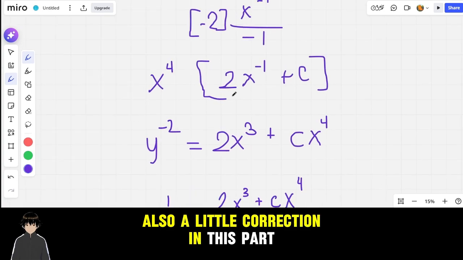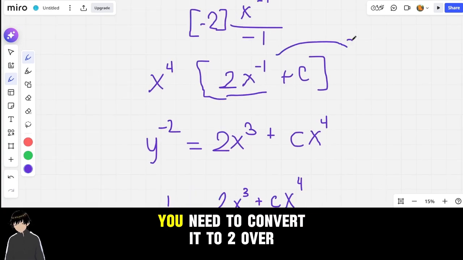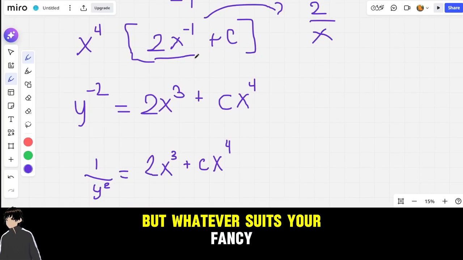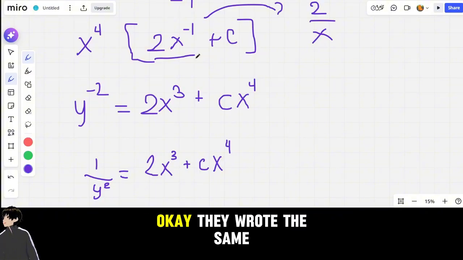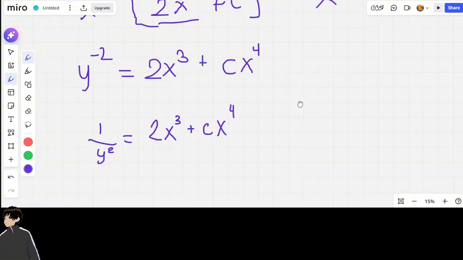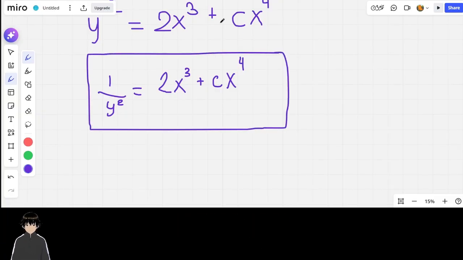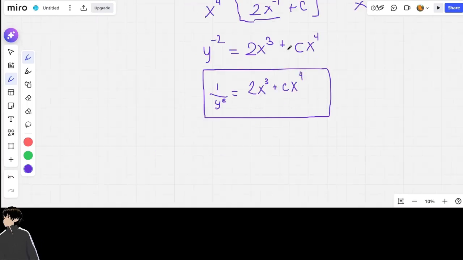Also, a little correction in this part. You need to convert it to 2 over x first. But whatever suits your fancy. They're both the same. So this is going to be the final answer for the problem.